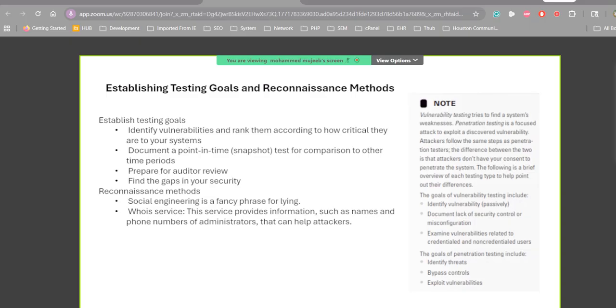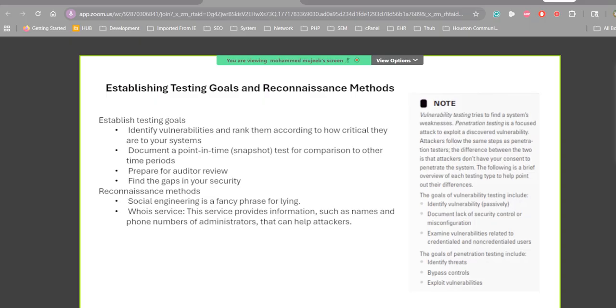Otherwise, what happens if one employee clicks a wrong email? That can screw up the entire network, right? So it could be a problem for the entire organization. So that's why every employee is critical to make sure that they are in compliance with security.